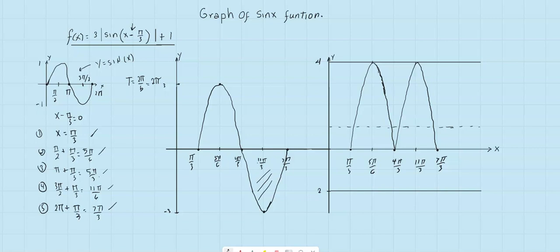So the first thing that I did was to find my period, 2 pi over b, which is 2 pi, because the coefficient in front of the x is just 1. I drew my standard graph of y equals sine of x, found where my zeros were, where my halves were, where my maximums and minimums were, and then I just went ahead and knew that I had to shift this pi over 3.